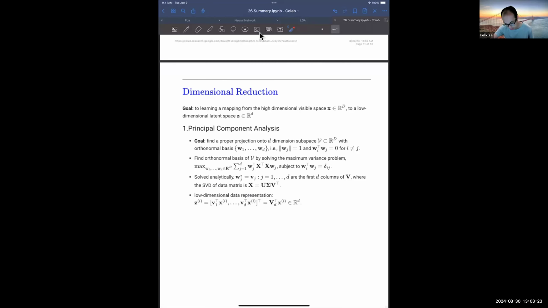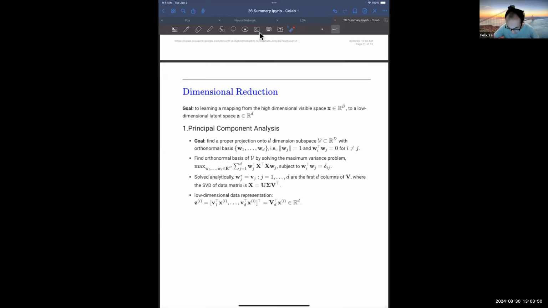This is a rare situation where you can solve a non-convex optimization problem by simply assigning W1 star to Wd star equal to V1 to Vd, the corresponding singular vectors, the right singular vectors of the data matrix X.